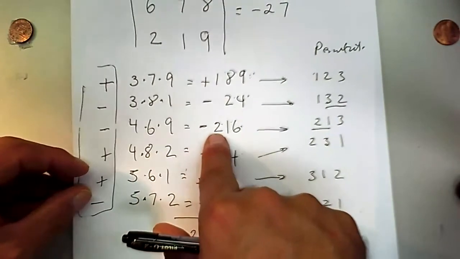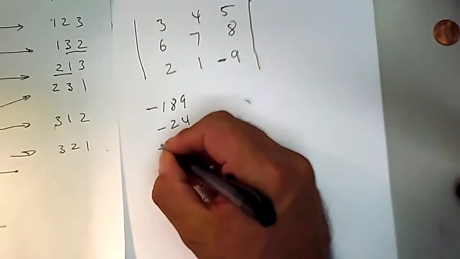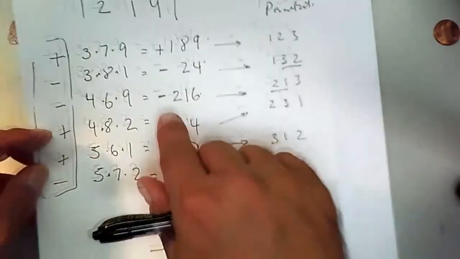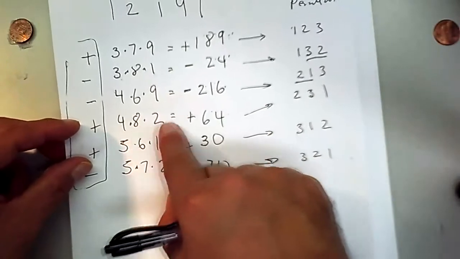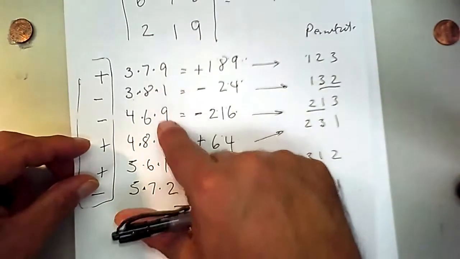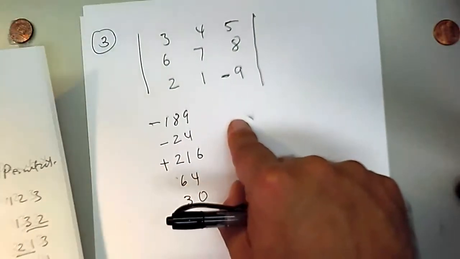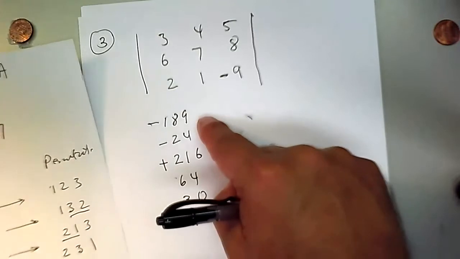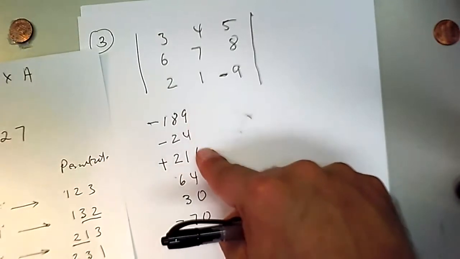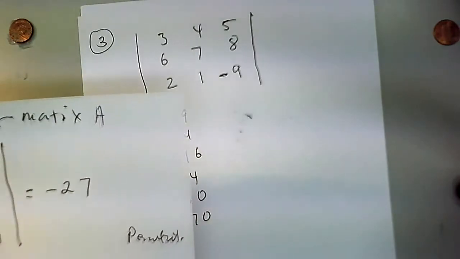So this 216 would have to be positive. Then going down the list, no 9, no 9. So the 9 only shows up twice, which means that in this determinant, we will change 2, that guy and that guy. And that's going to change the value of the determinant.